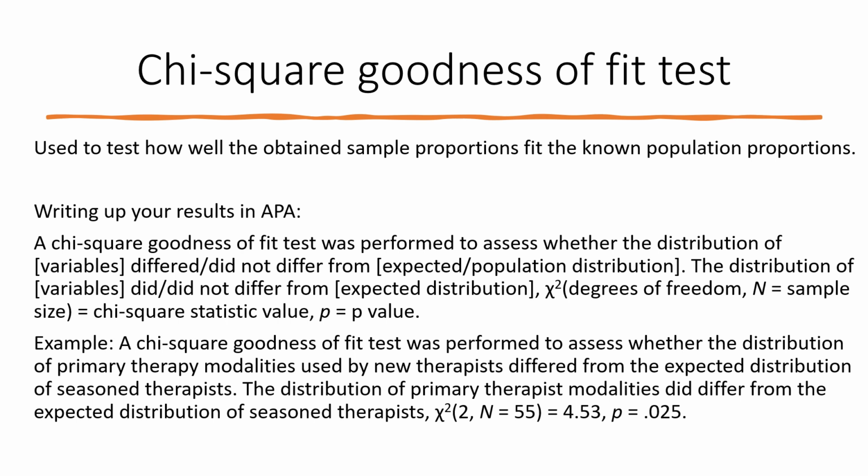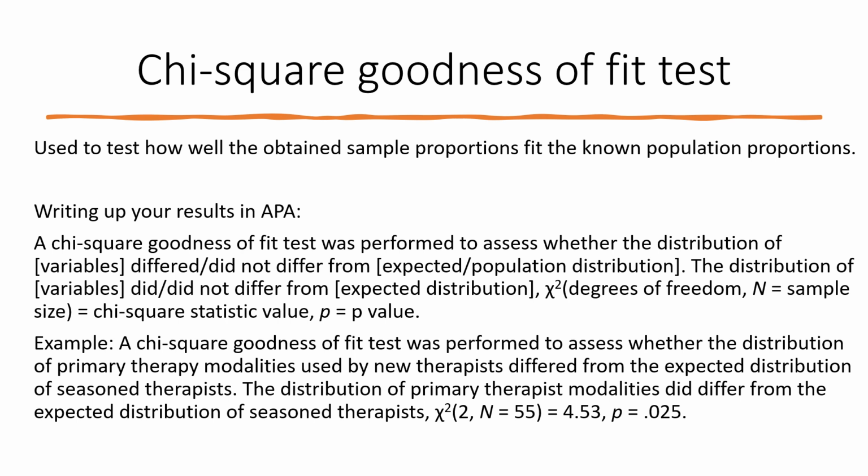So when you're going to write up your results in APA, if you're using a chi-square test, you would say a chi-square goodness of fit test, again, being specific with which test it is, was performed to assess whether the distribution of variables differed or did not differ from the expected or population distribution. The distribution of your variables did not differ or did differ from the expected distribution.